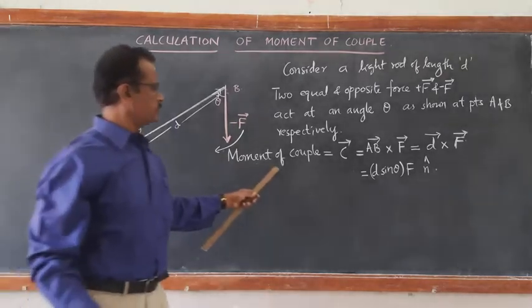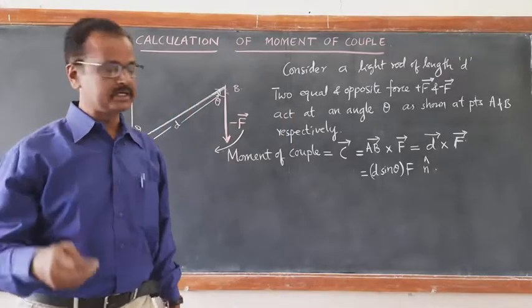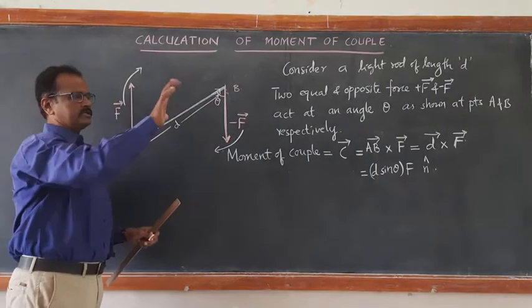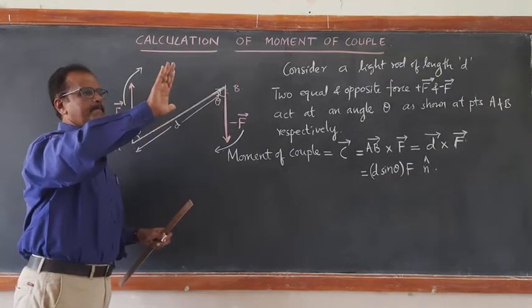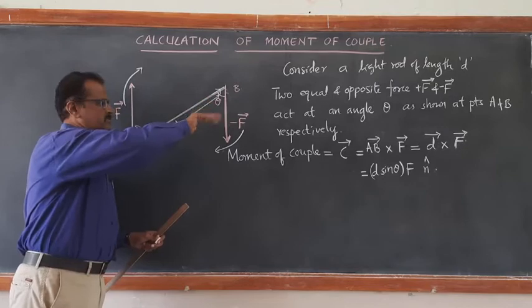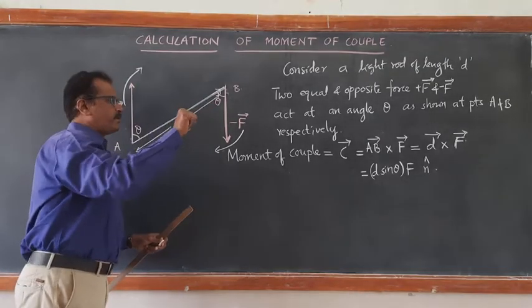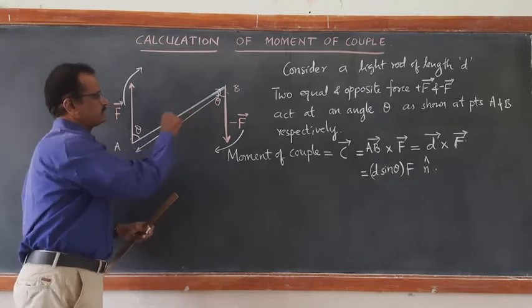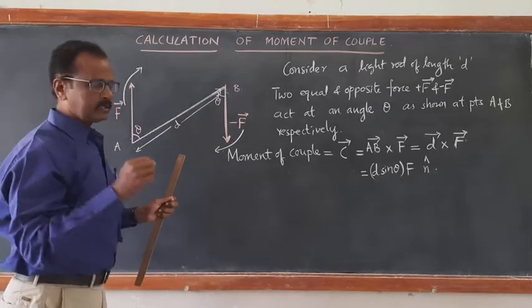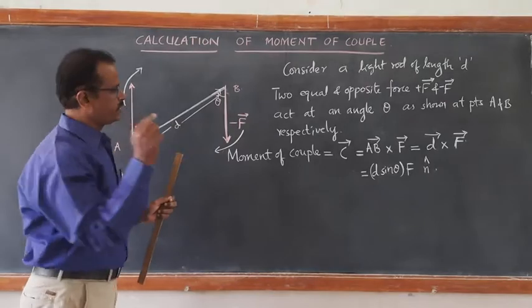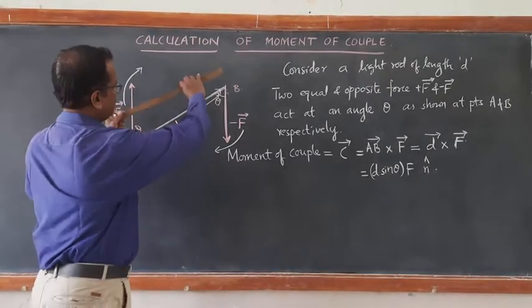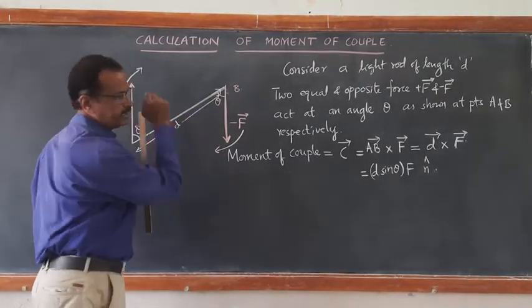That constitutes the moment of couple. So clockwise rotation. If it is a clockwise rotation, you turn your palm clockwise. When you turn the four fingers of the palm clockwise, the thumb points inwards. So the direction of the torque is perpendicular to the plane of the board, pointing inwards.